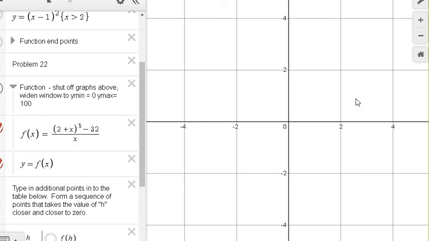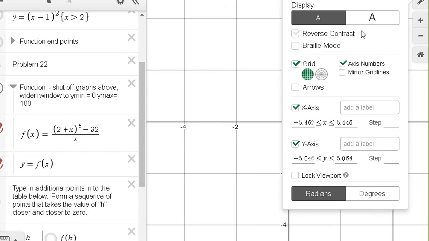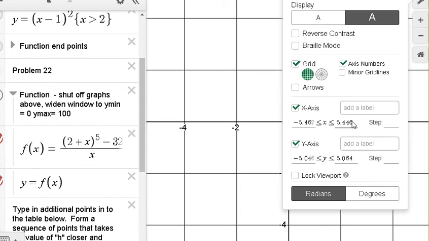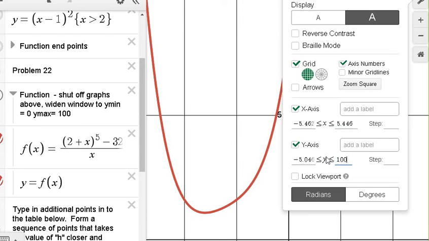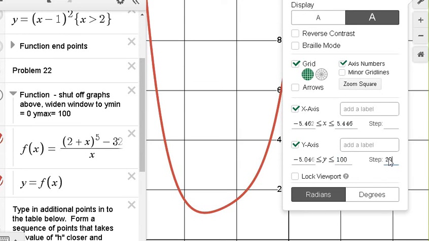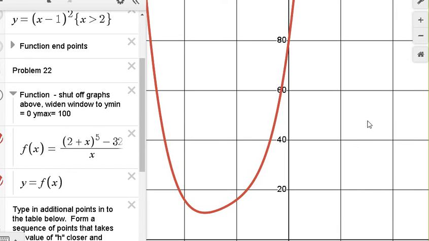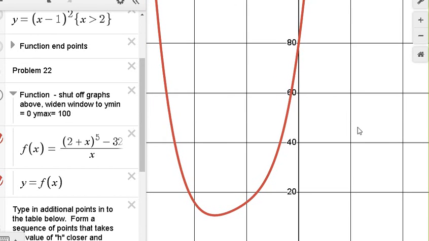Oh. The reason we're not seeing it is because the graph is a lot taller than what I'm seeing now. So what I'm going to do is go to the tools, click that, and move that up to, say, 100 on the y-axis. And there we go. Now we're in better shape.